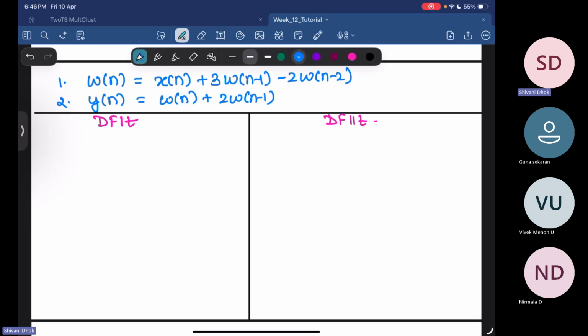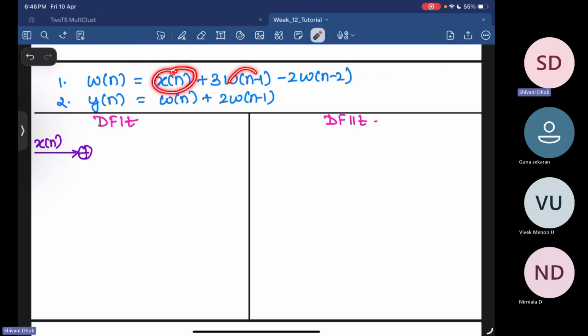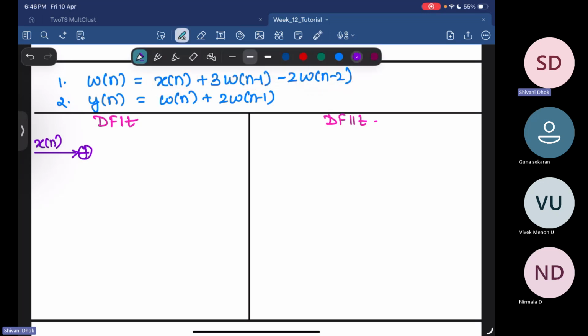So let's start with direct form 1. So the input to the system is your x of n. X of n gets added with something which is a function of your w of n minus 1 and w of n minus 2. So let's say you have an intermediate output as w of n here. So this first gets multiplied by a factor of 3, and then it gets delayed by a factor of 1.